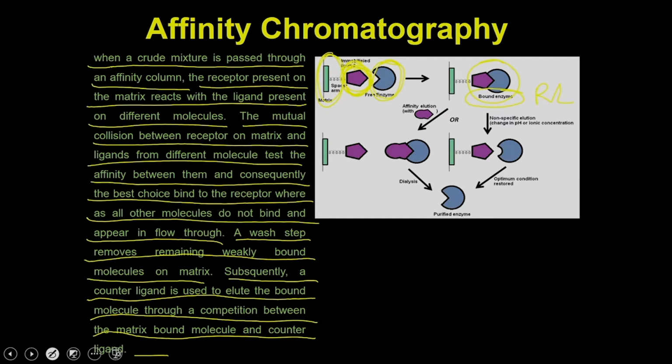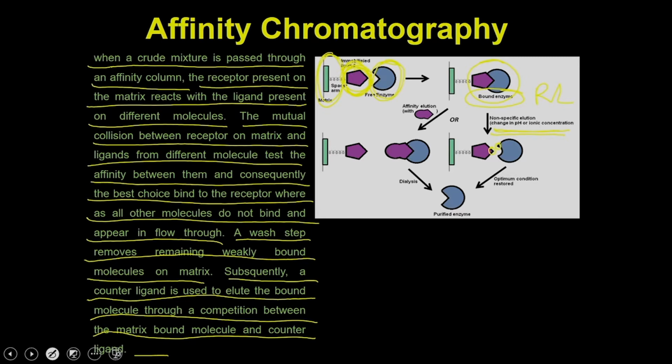Either you can do the elution with the help of non-specific elution. For example, you can change the pH or the ionic strength of the buffer. By doing so, you are changing the interacting residues present on the ligand or the receptor.